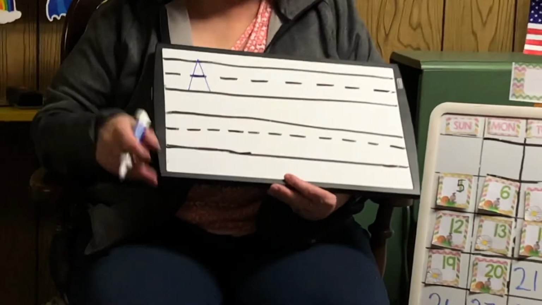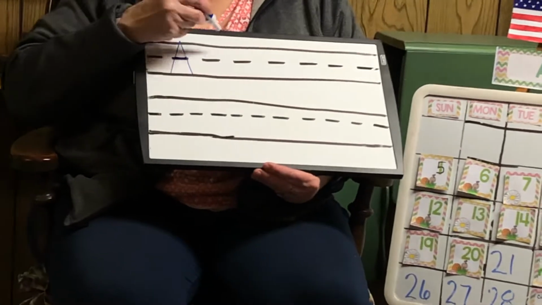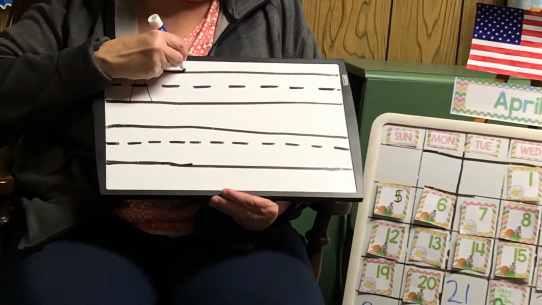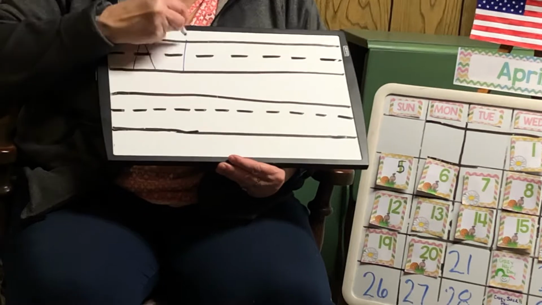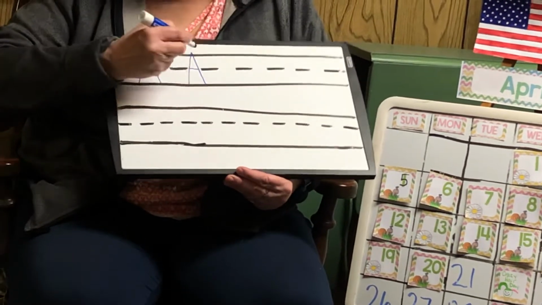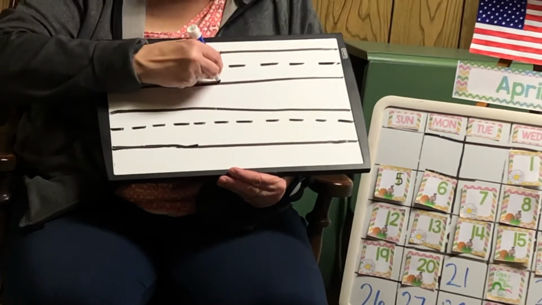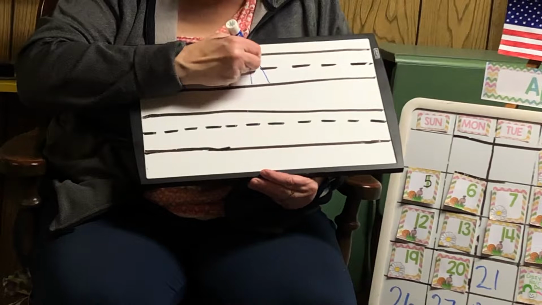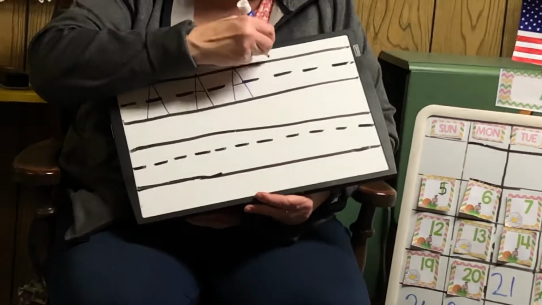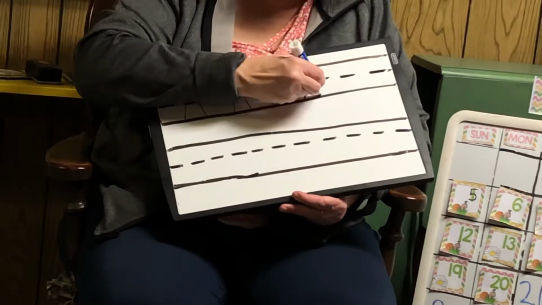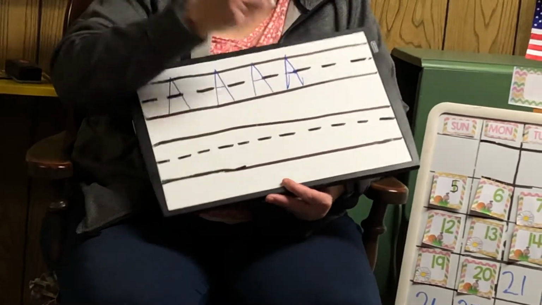All right, there's one. Remember, we have to do 4. Oh, we've got to pinch our marker too, right? So start at the top, slide down, go back to the top, slide down, cross the monkey bar. Slide down, back to the top, slide down, cross the monkey bar. Back to the top, slide down, top, slide down, cross the monkey bar.